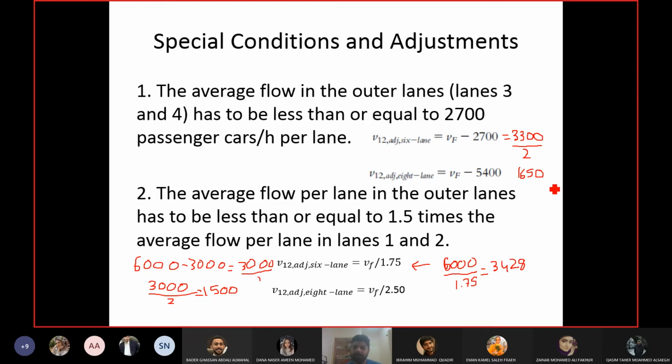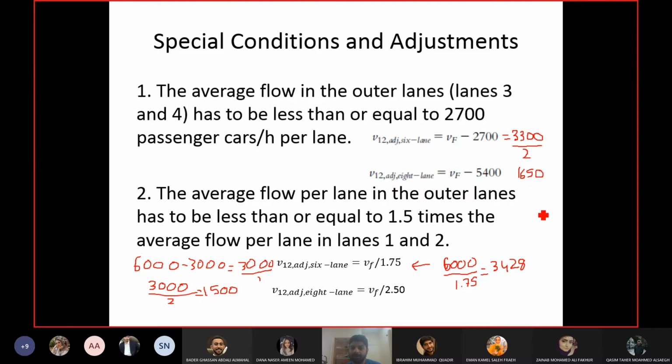So if I take 1,650, then the remaining is 2,700, right? So 2,700 in the third lane, 1,650 per lane in the other two lanes.